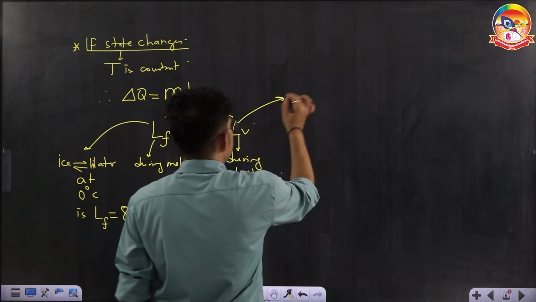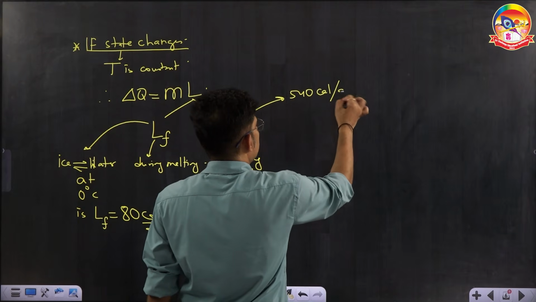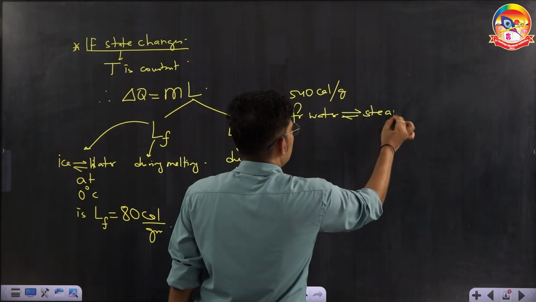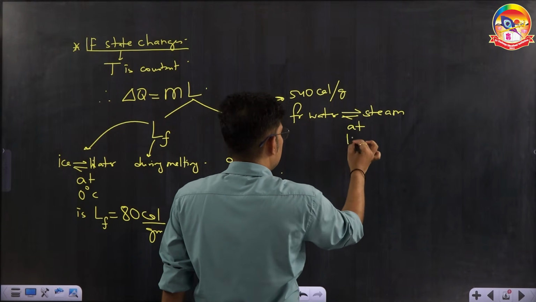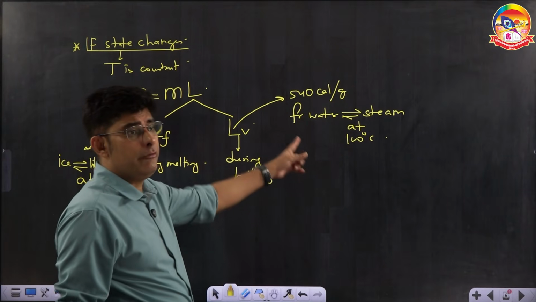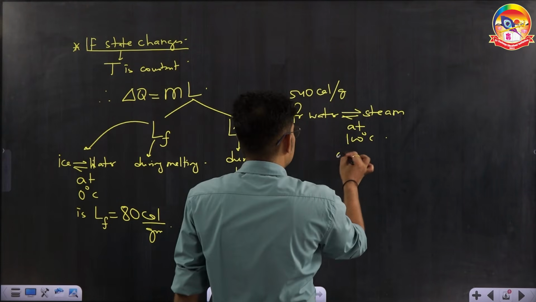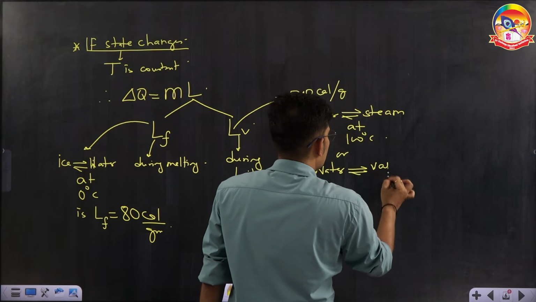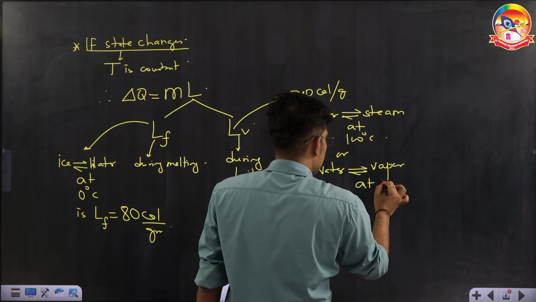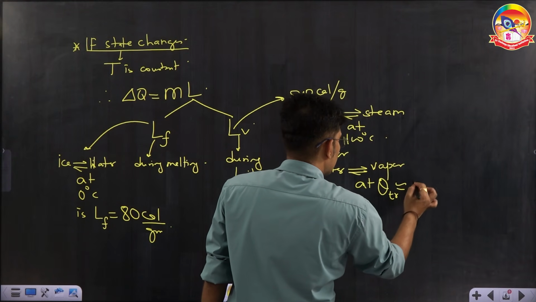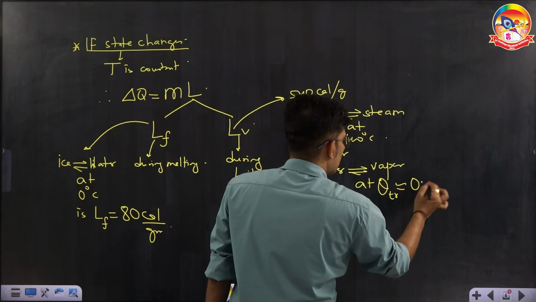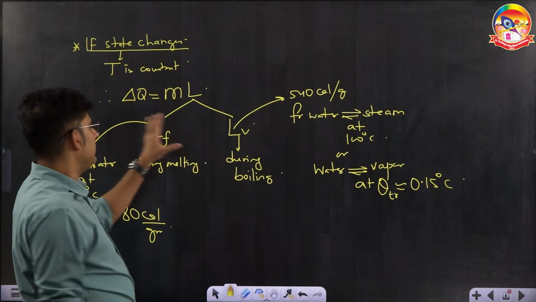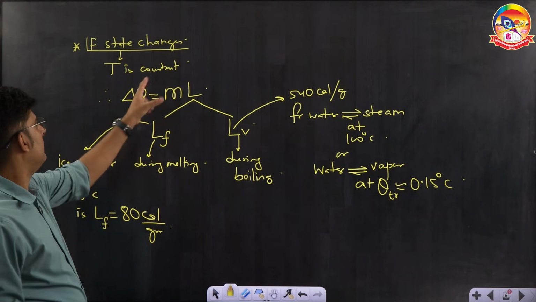When we are taking LV, latent heat of vaporization, it is 540 calorie per gram for water getting converted to steam at 100 degree Celsius, and sometimes we use it for water to water vapor also, even at triple point, theta TR, which is approximately 0.15 degree Celsius. There also we use this. So latent heat is only to be used when there is a state change.